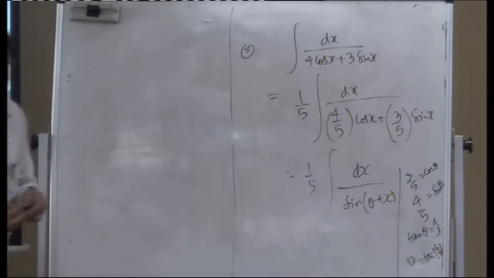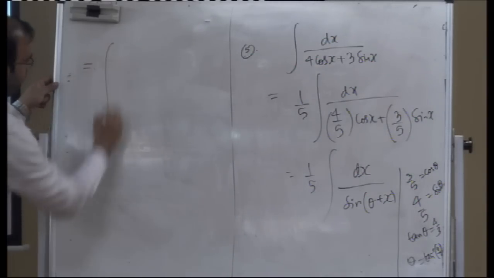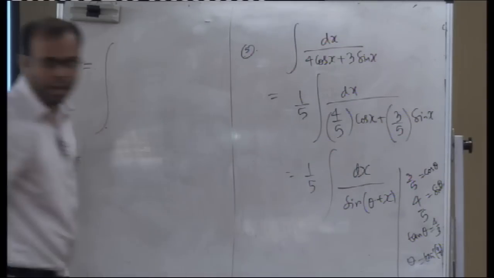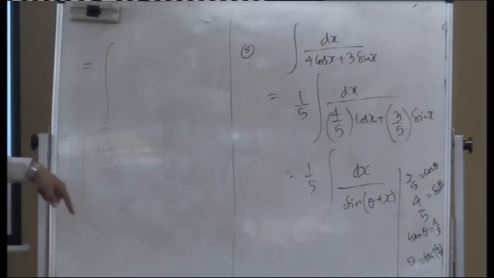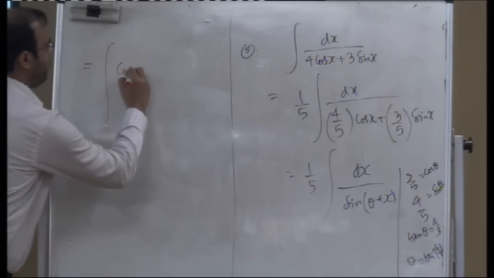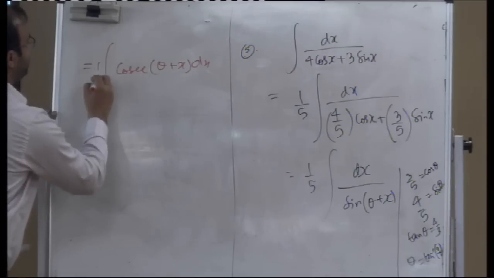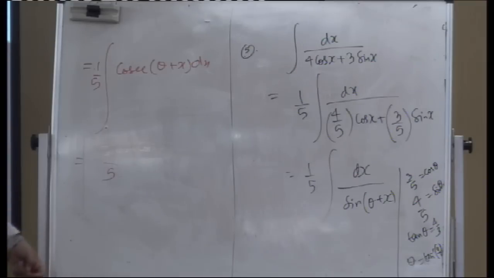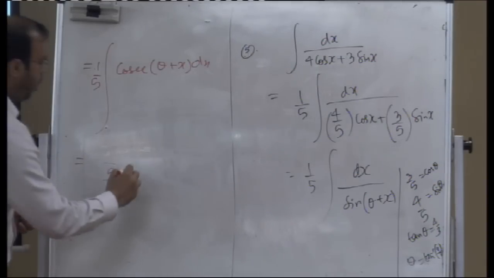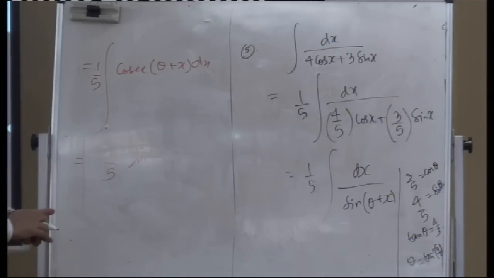No, you can write the formula. There is no need of doing any manipulation here. So you can write it like this, 1 by 5, and cosec theta plus x formula was log of... right now I haven't told you cosec of theta plus x. Fine.